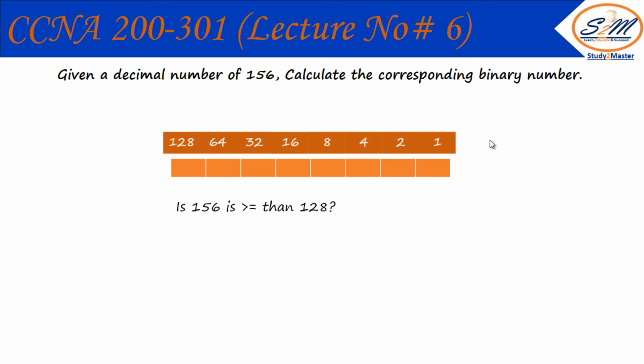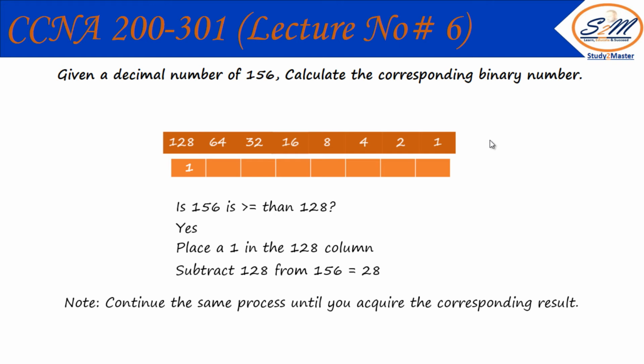So 156 is greater than 128. Yes, it's greater, so place 1 in the 128 column. Subtract 128 from 156, which is equal to 28. Note, continue the same process until you acquire the corresponding result.